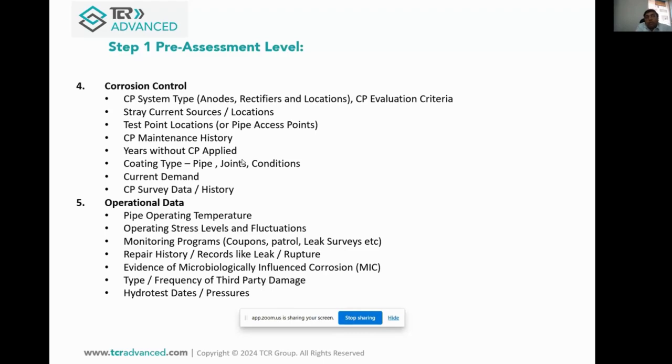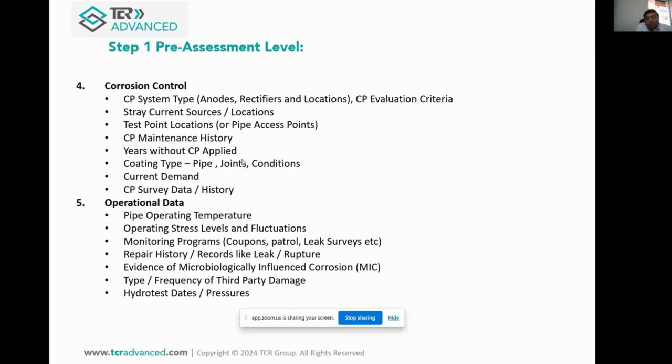Locations of your CP stations, whether it is at every 15 kilometers or 20 kilometers. Drain point and test station locations are very much important to know the reach of a CP system.